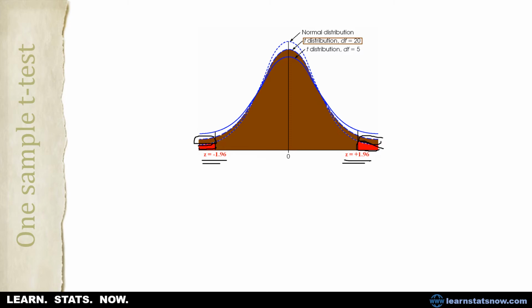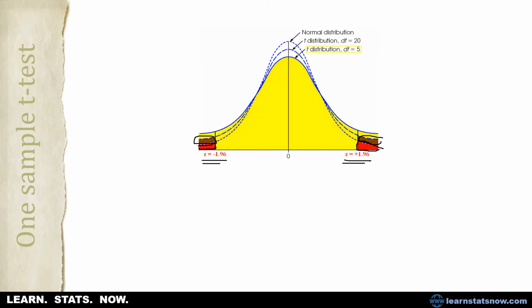And then if we go down to really small degrees of freedom, even more area goes into the tail, right? So if we just kept our cut point, the critical value at plus or minus 1.96, look what happens when all of this area is now added to the tail. We actually have more area in the region of rejection than we really expected to have.